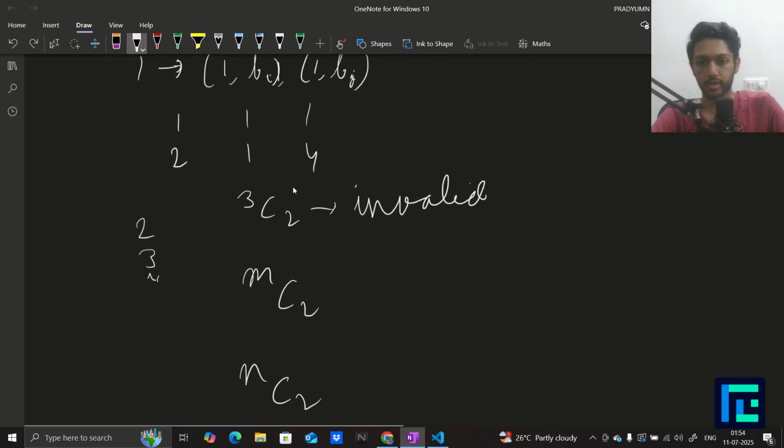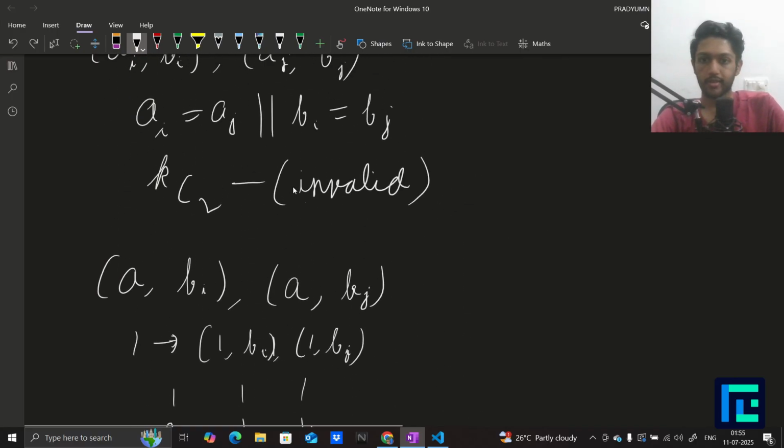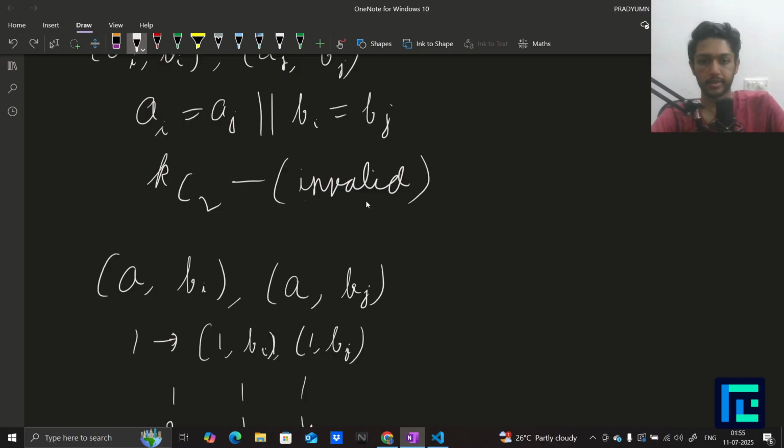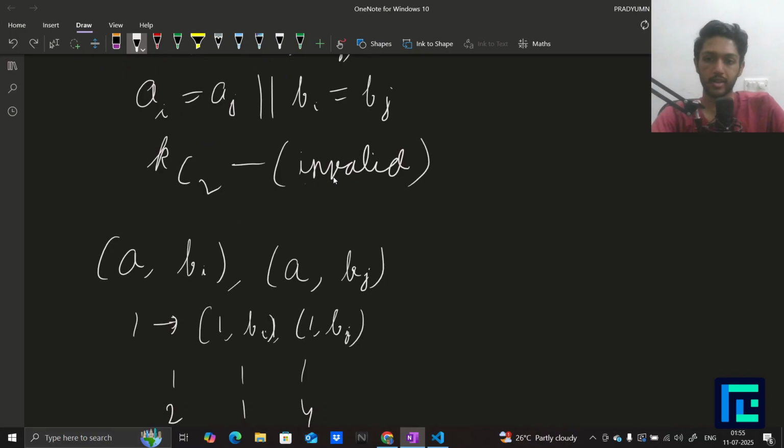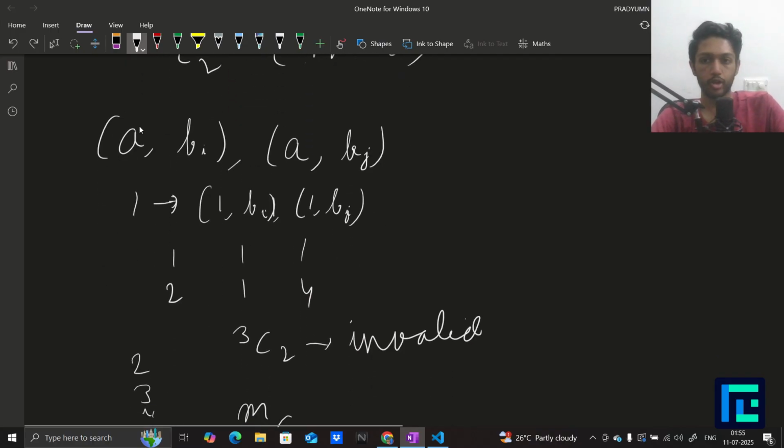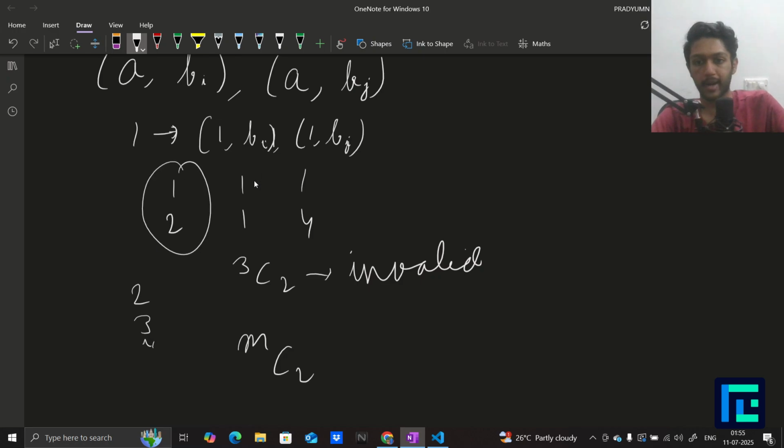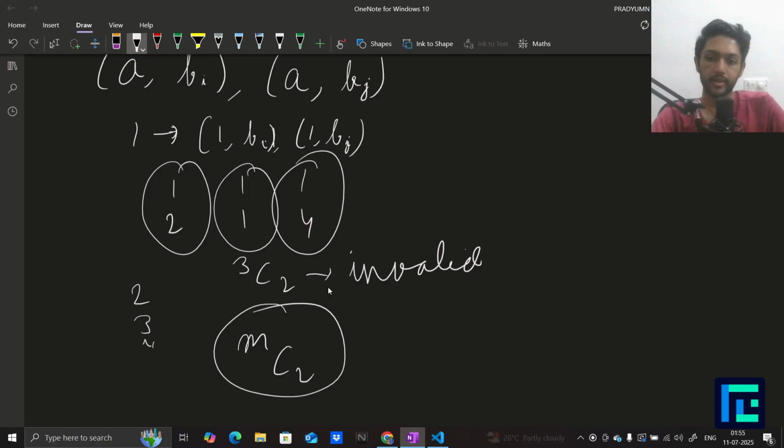It's pretty easy, to be honest. You just have to count the number of invalid pairs and subtract it from the total number of pairs of the couples. And the invalid pairs are those where one boy or one girl is the same. So we can just iterate over which boy it is, and let's say that boy is part of m couples, then mc2 pairs are invalid due to that boy, right?